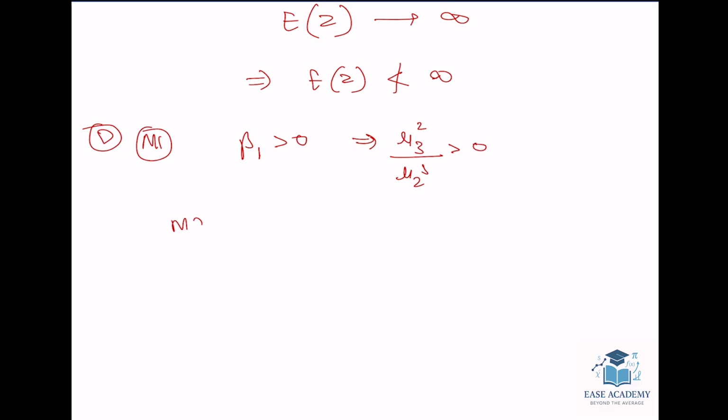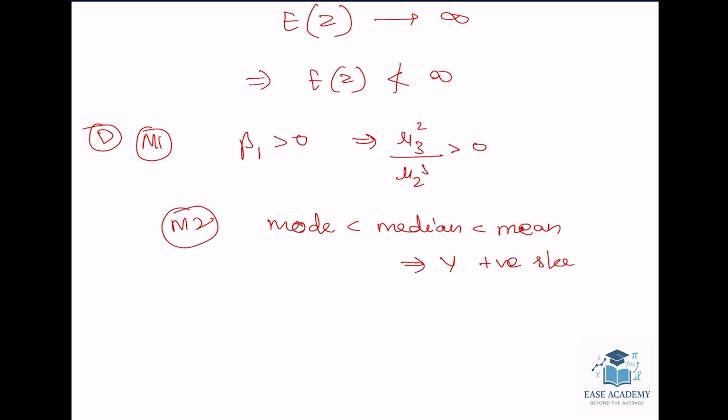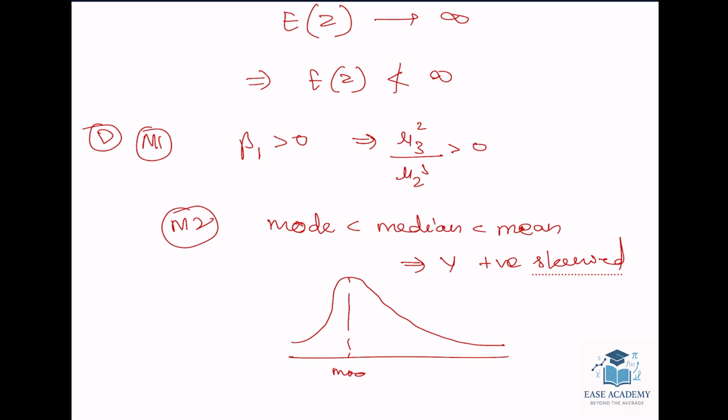Second approach is, if mode is less than median less than mean, we can say y is positively skewed. You can see from the graph also, this is the mode, here somewhere is the median, and here somewhere is the mean.